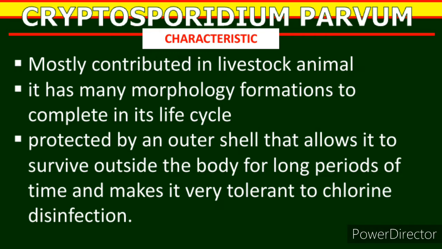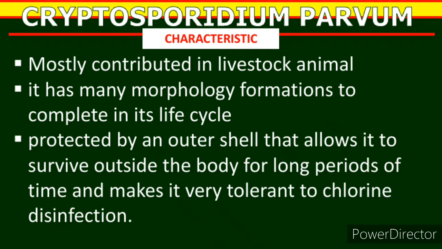This parasite is mostly found in livestock animals because we can get this parasite through animal feces or animal waste. To complete the life cycle of this parasite, it must go through many morphological formations.